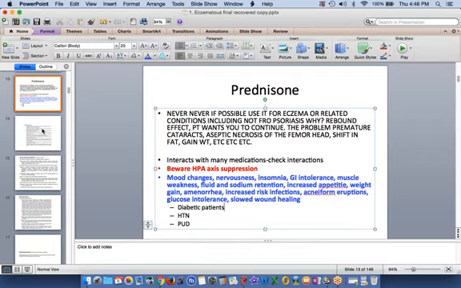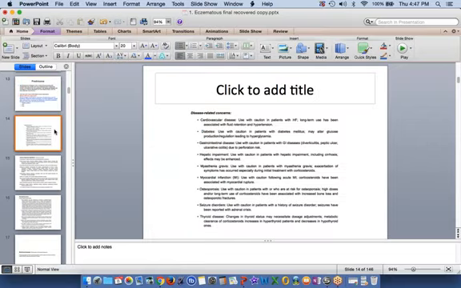And if you have someone, okay, and the contraindications are, even if you, God forbid, want to use it, you better make sure they don't have hypertension or diabetes or PUD, whatever that stands for. Peptic ulcer disease. Yeah, thank you, Erica. Okay.